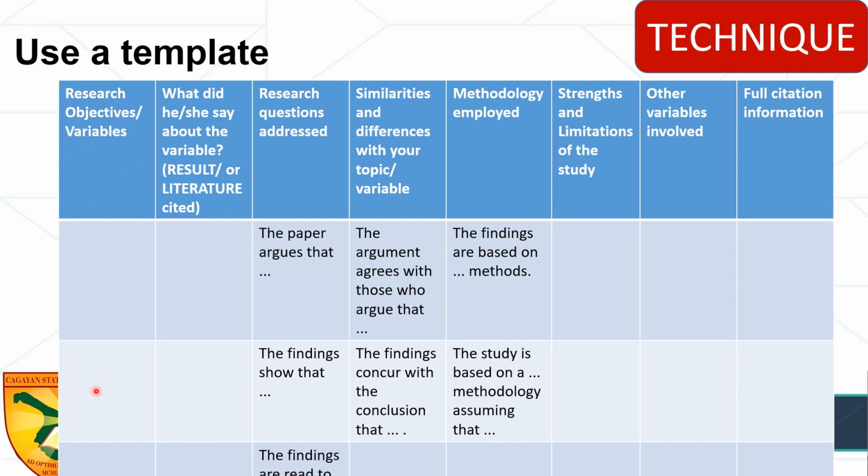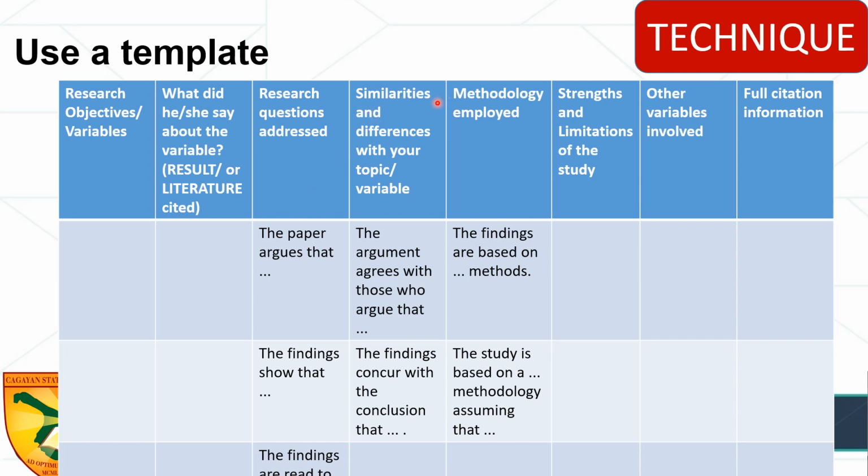So you can put here your variables, and when you have already selected a literature or reference, you look at the abstract and look at what the researcher or the author said about the variable that you have. So the result, or the literature cited, let's say that author also cited from another author, you write it here. Then you look at what they say about the research questions that you have. So you can write it here.